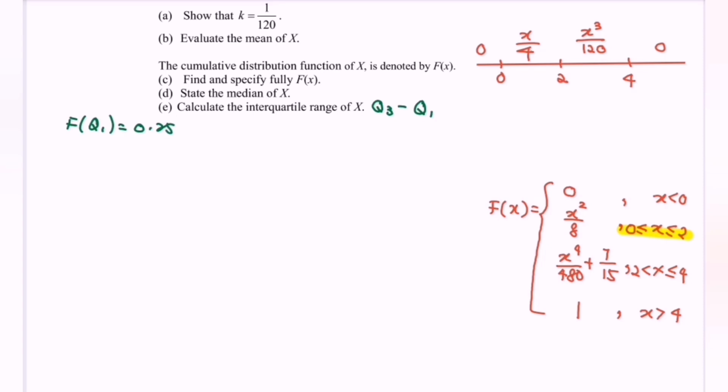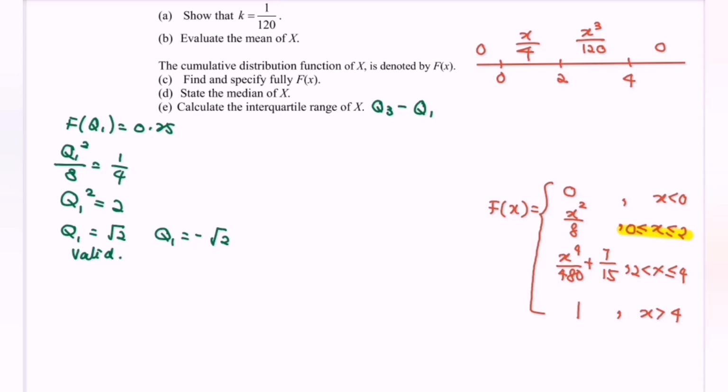Next, we substitute into the function: Q1 squared over 8 is equal to 1 over 4. So Q1 squared is equal to 2. So Q1 is equal to the square root of 2, or negative square root of 2. Kindly refer to the situation: we notice that we have 0 until 2. So the Q1 actually is equal to the square root of 2.